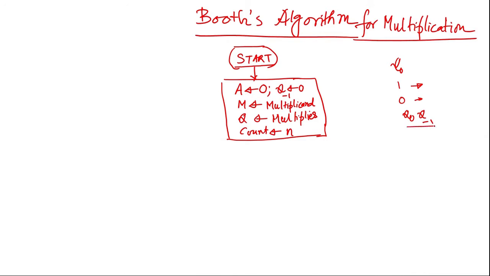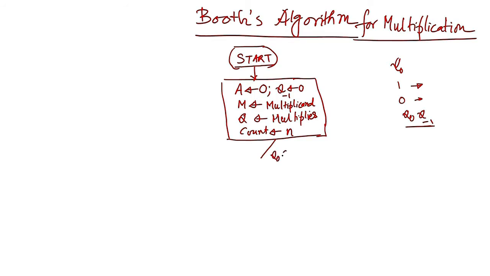Then these 2 bits' values will be checked. So, we will have 4 combinations: 1 0, 0 1, 0 0 and 1 1. We will do the same thing if the combination is 0 0 or 1 1.